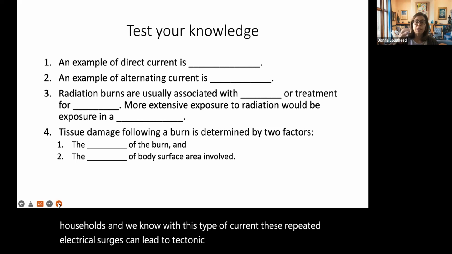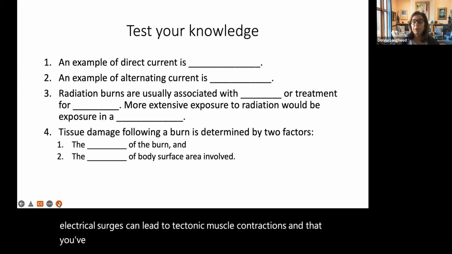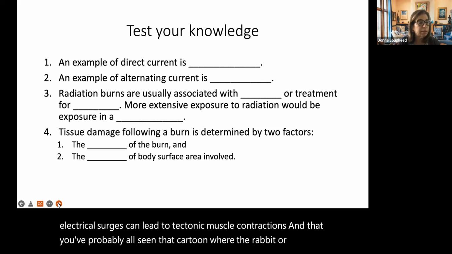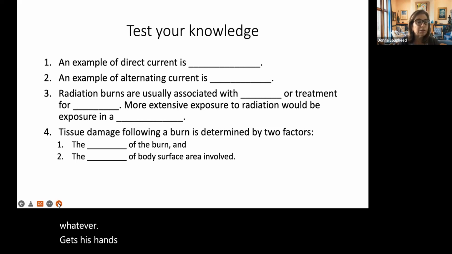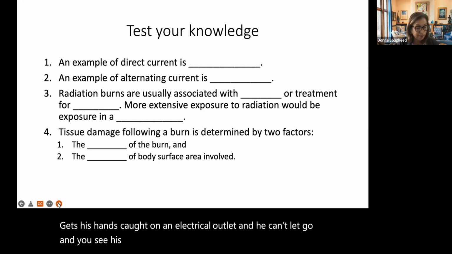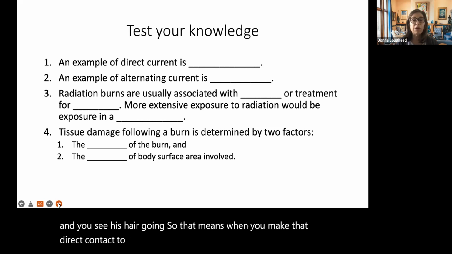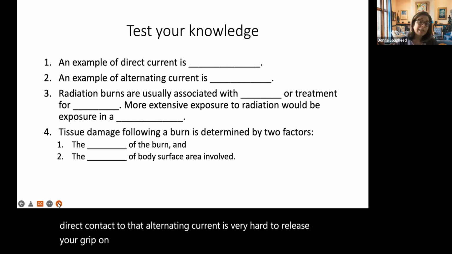You've probably all seen that cartoon where the rabbit or whatever gets his hands caught on an electrical outlet and he can't let go, and you see his hair going. That means when you make direct contact with alternating current, it's very hard to release your grip on it, and that increases the duration of the contact.